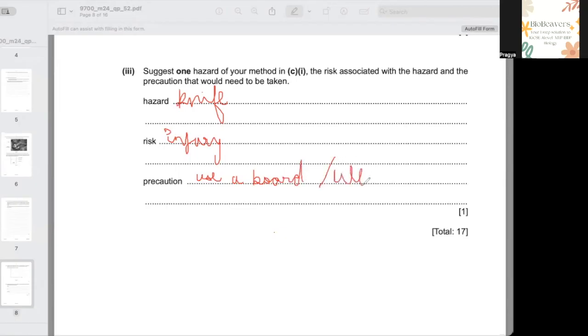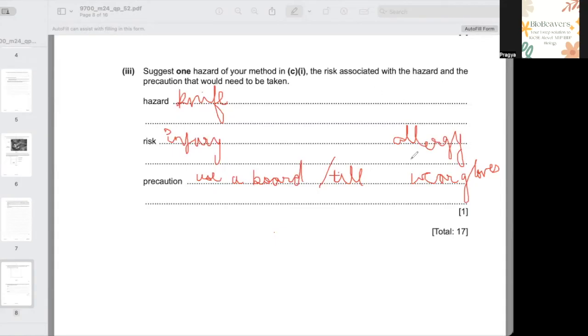Okay, now usually we try and look at things. A very common answer which everybody wants for precaution is to wear gloves. Okay. So now if I want to wear gloves, what kind of risk am I looking at? It can cause an allergy. That is why I'll be wearing gloves. Now, what can cause an allergy?